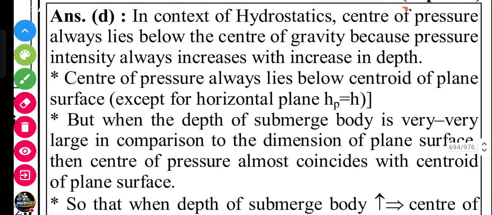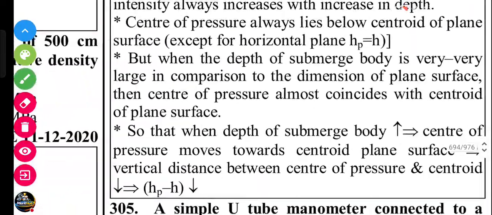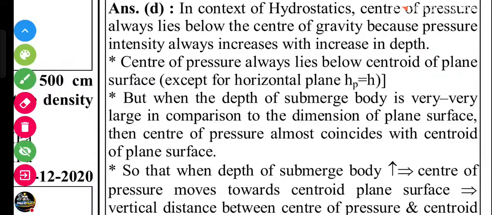Here is the explanation in detail. In the context of hydrostatics, the center of pressure lies below the center of gravity because the pressure intensity always increases with the increase in depth. The center of pressure always lies below the centroid of the plane surface, but when the depth of the submerged body is very large in comparison to the dimension of the plane surface, then the center of pressure almost coincides with the centroid of the plane surface.